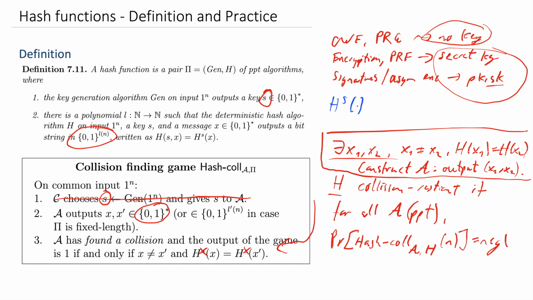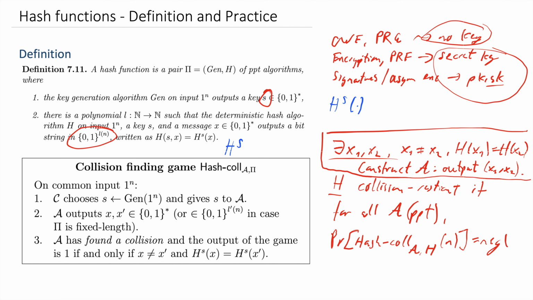So why does this s thing solve all of this? It solves it because now you can't do this trick anymore. Now you don't actually know what function you're going to get when you're in the hash collision game. So let's undo this. In this game, with the key s, yes, it's true, for every h_s, this function is not injective.